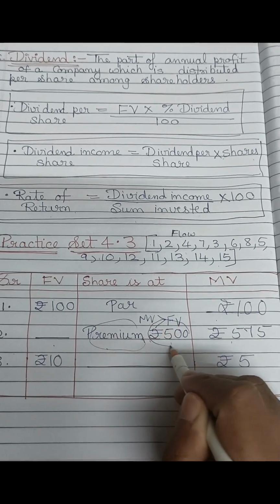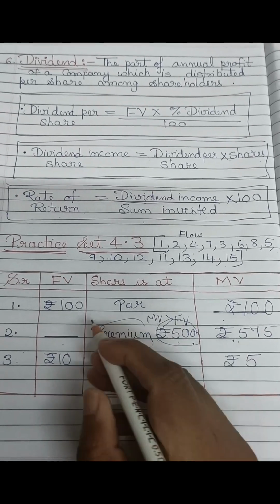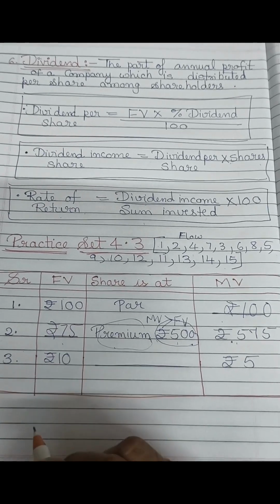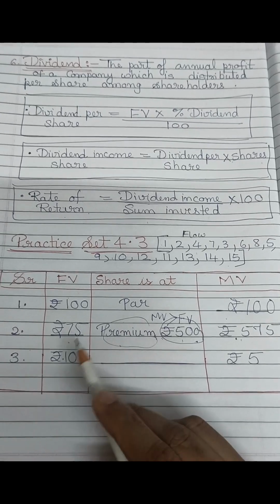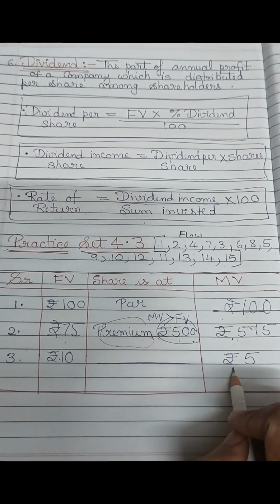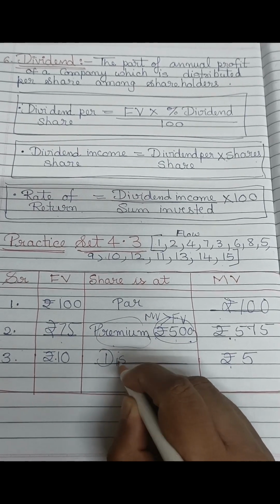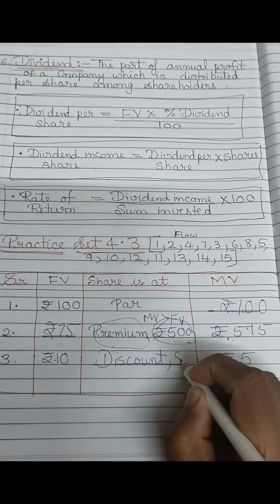So you will do 575 minus 500 and you will get it as rupees 75. Now here FV is more, MV is less. What is this? Correct. It is discount.